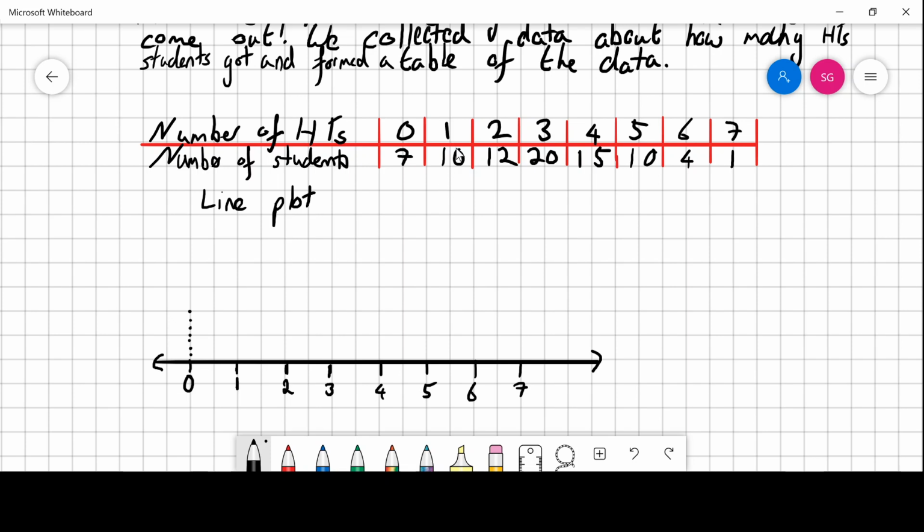Next one, 10 people got 1 H1, so we just go 1, 2, 3, 4, 5, 6, 7, 8, 9, 10. For 2, we're going to need 12 of these, so 1 to 12.